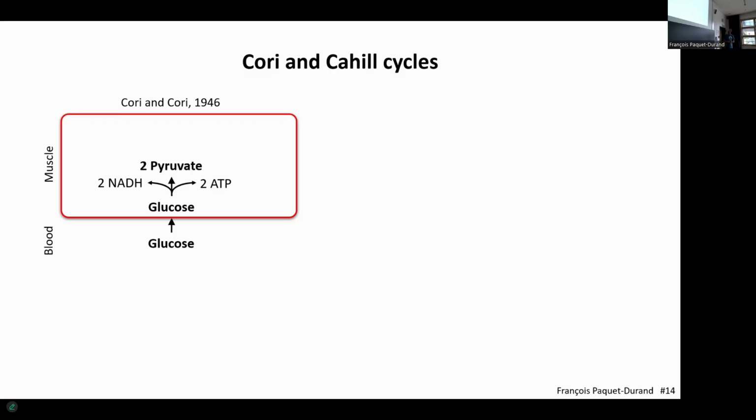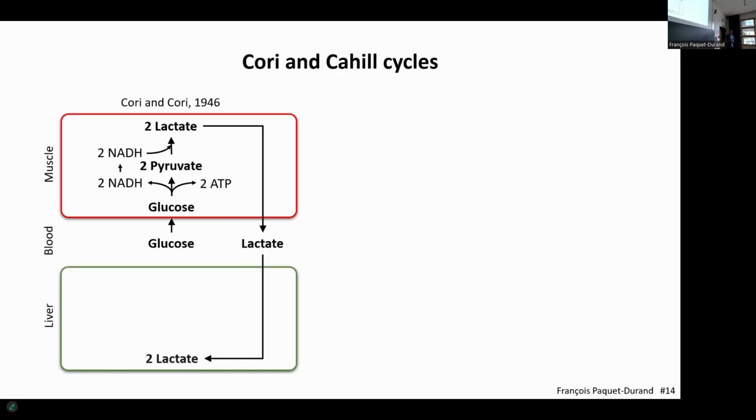We're talking about muscle in this case. Glucose is split into pyruvate, which releases NADH and ATP. Then the pyruvate is reduced, using up the NADH that was just generated, to lactate. The lactate goes to the bloodstream and then enters the liver. In the liver, the lactate is used to regenerate pyruvate, which then goes into gluconeogenesis, producing glucose. The glucose goes to the bloodstream, closing the cycle.